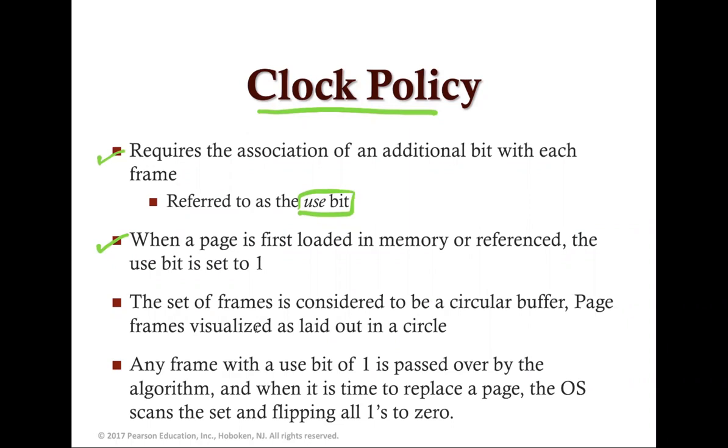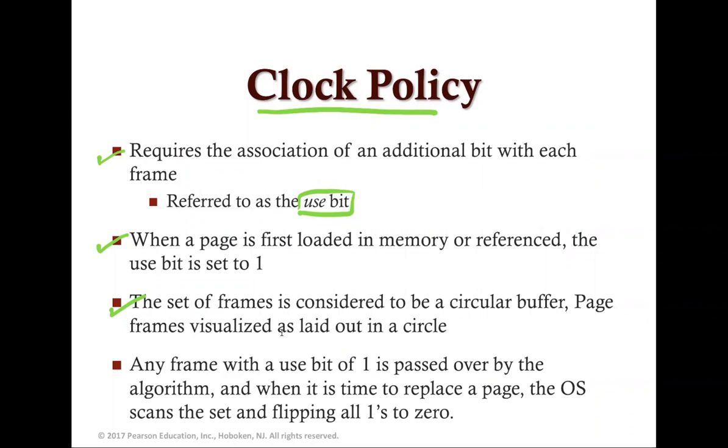For the page replacement algorithm that uses the clock policy strategy, the set of frames that are candidates for replacement is considered to be a circular buffer with which a pointer is associated. When a page is replaced, the pointer is set to indicate the next frame in the buffer after the one just updated.